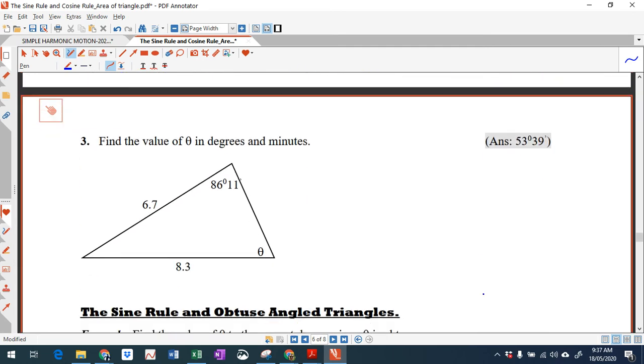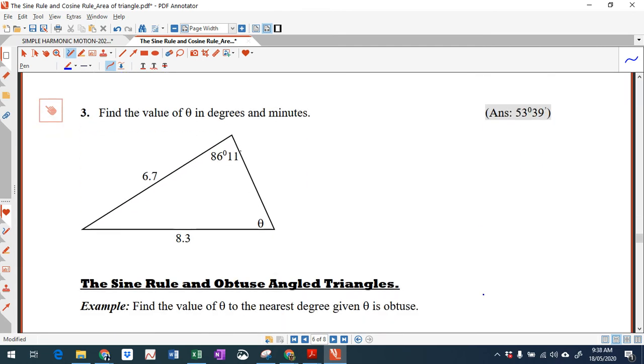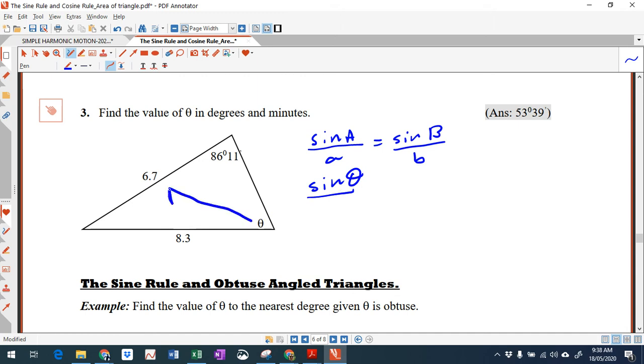All right, let's have a look at this one. We've got to find the value of theta in degrees and minutes. So we're finding an angle. Because we're finding an angle, we're going to be using this form of the sine rule: sine A over A equals sine B over B. Theta is my unknown angle, so I'm going to put theta there for the A, and the side opposite that is 6.7.